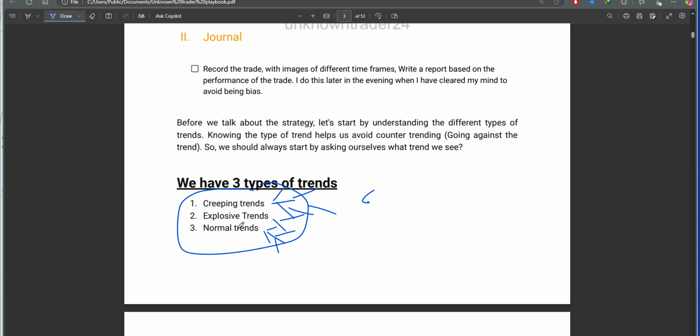Very important. Remember, if you are in a creeping trend, by the time you do your analysis, you need to apply a strategy that relates to that creeping trend. You will know the trend you see, and you will know what to do next, because I've given you all the steps. If this is the type of creeping trend you see, then you apply this. I've given you everything, the illustrations, all the information, your entry and everything.